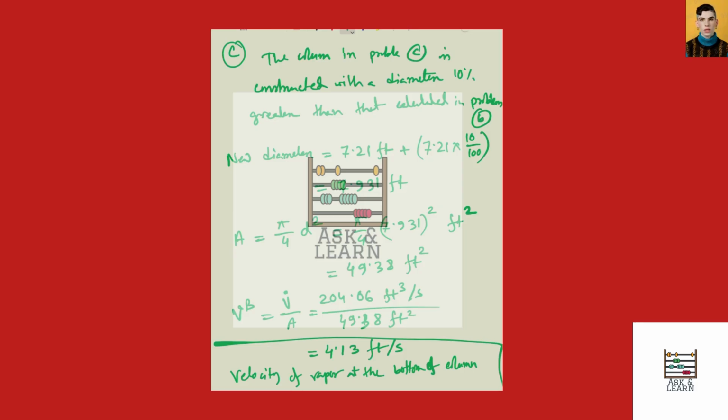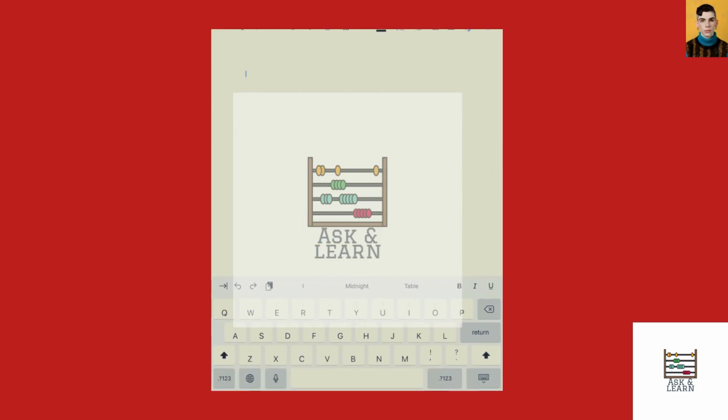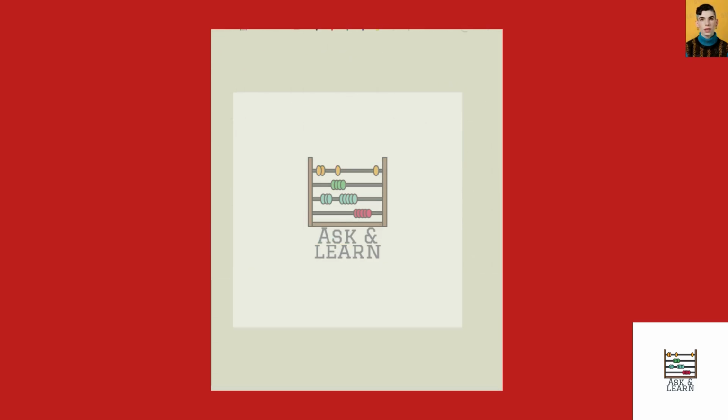The next question is, we need to calculate the velocity of vapor at the top of the column. Let's do that. We know that the volumetric flow rate of vapor V is equal to nRT divided by P. All these values are given.